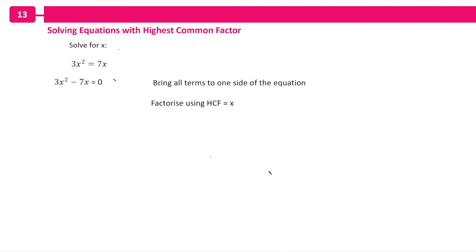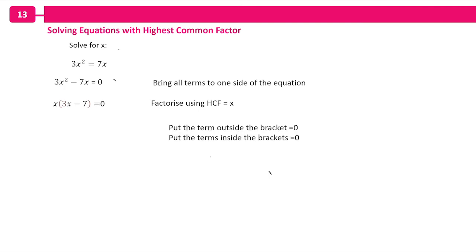Therefore, we must factorize using the highest common factor. Our highest common factor between 3x squared and minus 7x is x. We write this outside the brackets, and our remainder goes inside the brackets. 3x squared divided by x leaves me with 3x. Minus 7x divided by x leaves me with minus 7. This goes inside the brackets.